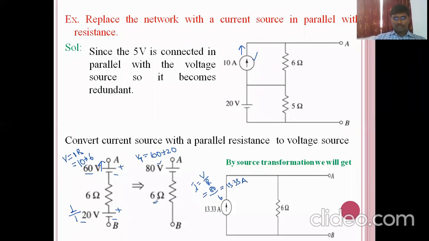However, the resistance remains the same. Therefore, this is the final current source in parallel with the resistance between A and B.